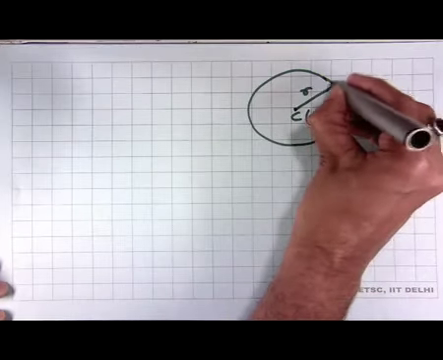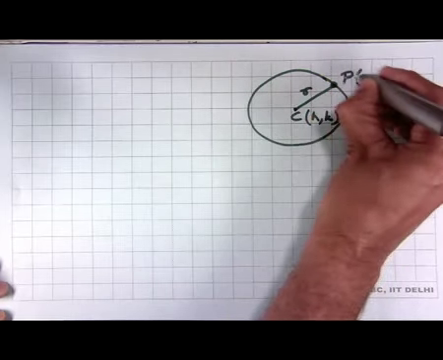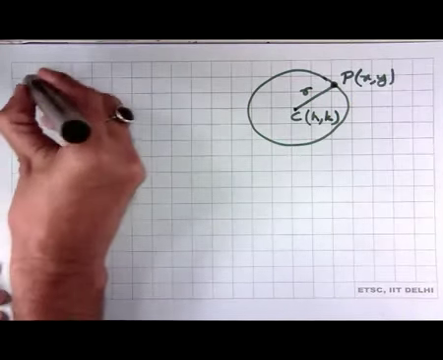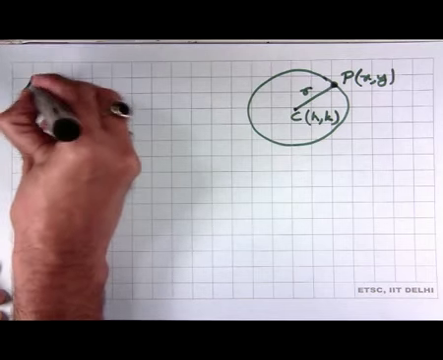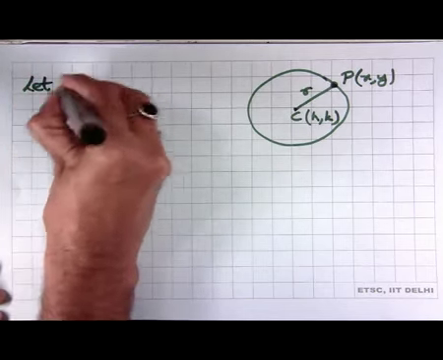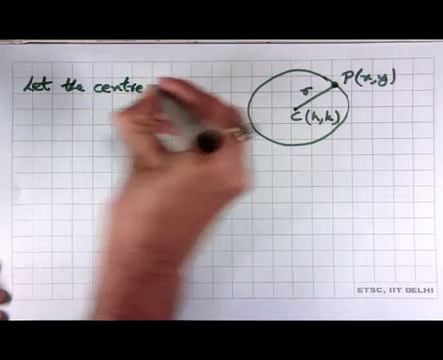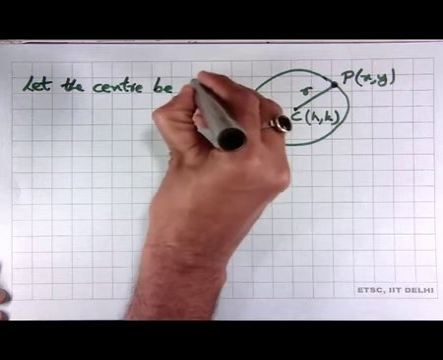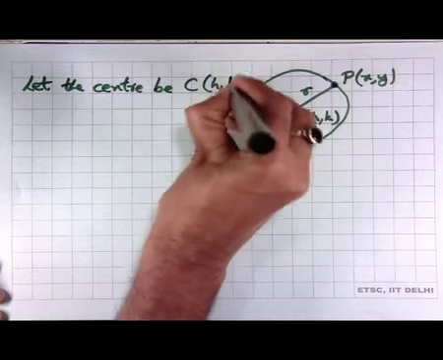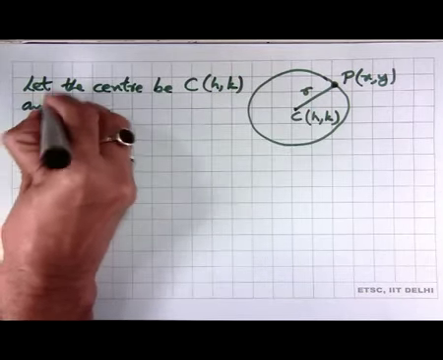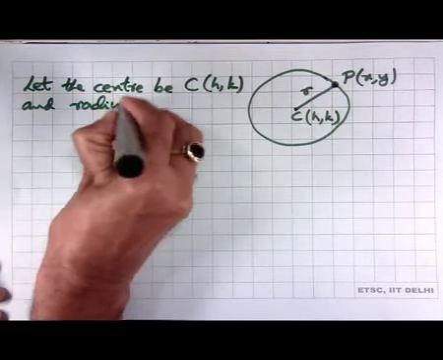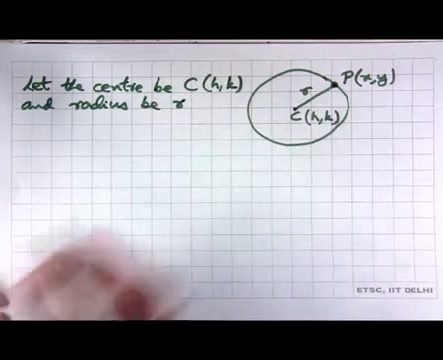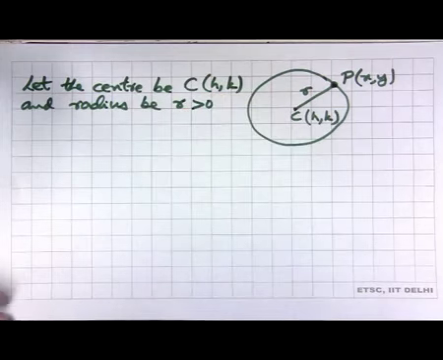Now, if I take a general point P whose coordinates are x comma y, then let the center be C whose coordinates are h comma k and the radius be r. This is some positive real number.